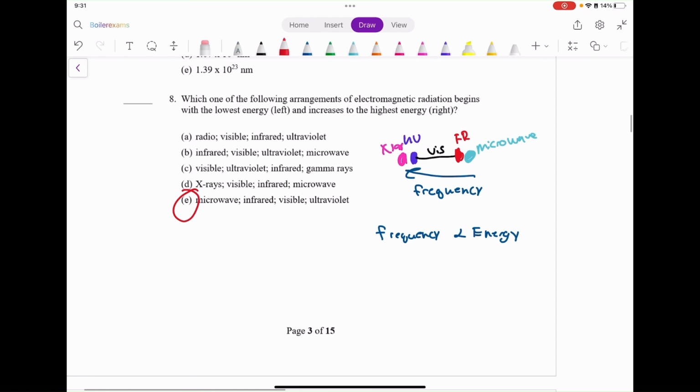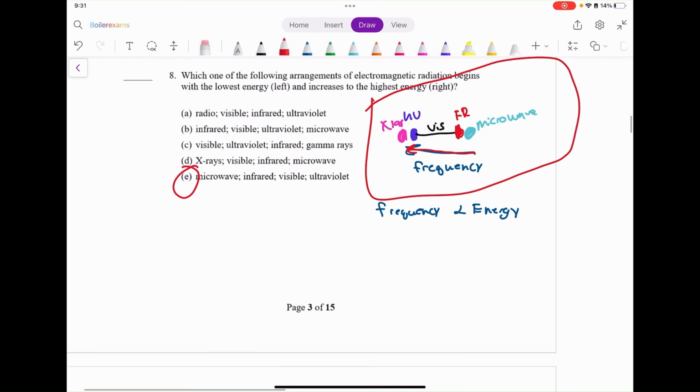Nice. So this one, you just got to know your spectrum, or at least enough of them to do process of elimination, and that frequency increases as you go towards UV, and frequency is correlated to energy, which I think is kind of intuitive.